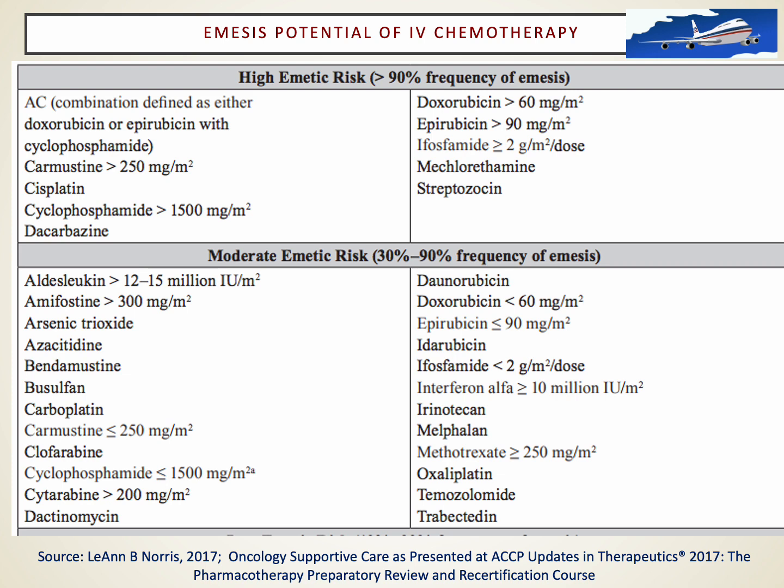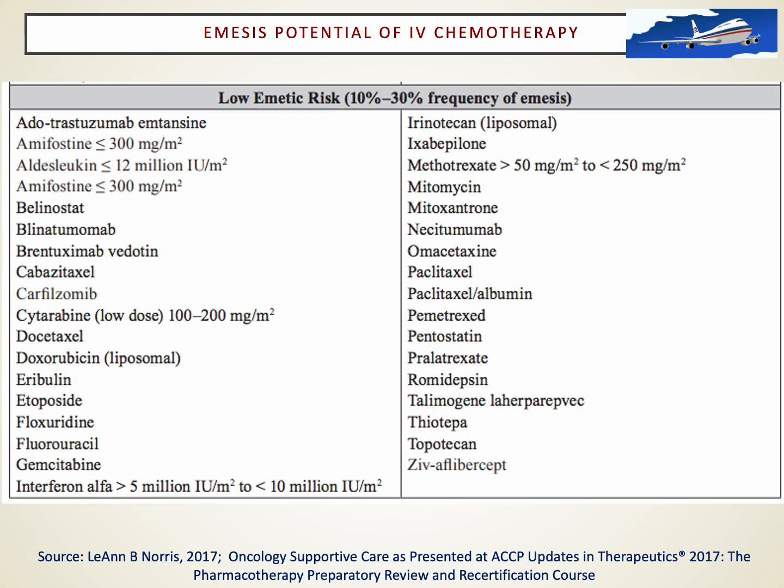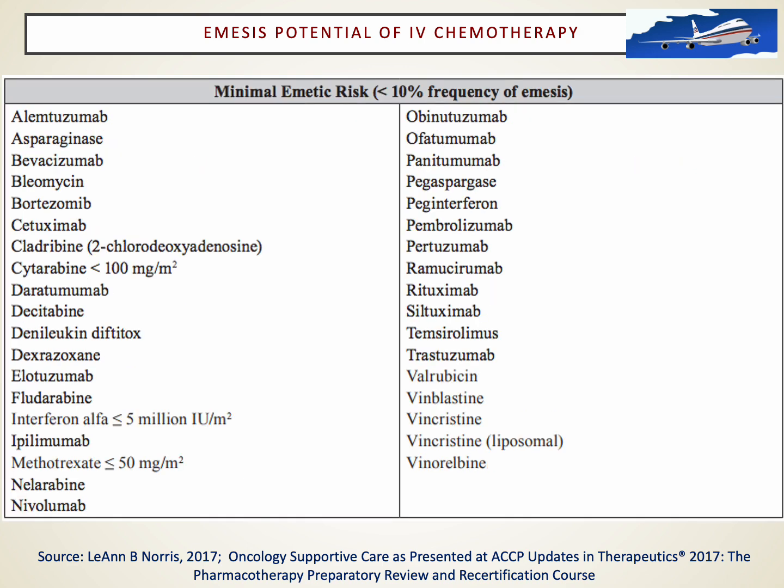Carmustine and cisplatin are also associated with it. Those are pretty commonly used agents. And then there are other agents that are more moderate, but still cause pretty significant emesis, as listed here. A number of agents cause lower emesis, and some are minimal as well.